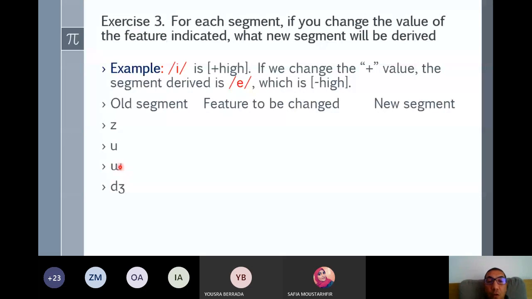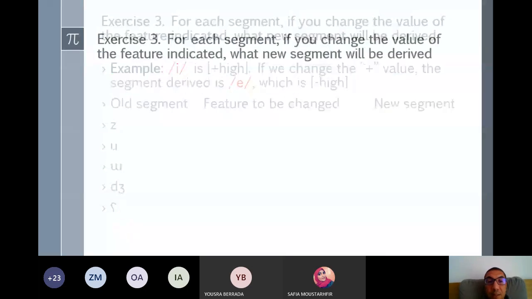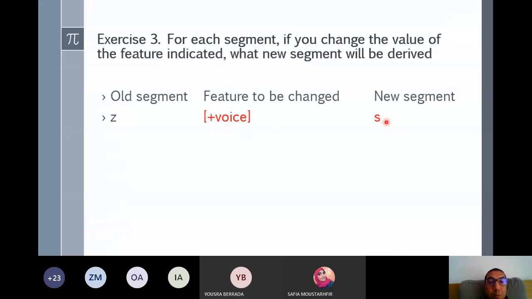Z is a voiced consonant, and if we change it into minus voice, then we will derive the voiceless S. U is plus round. If you change the plus round into minus round, then you will have the unround back vowel E. Plus back vowel.